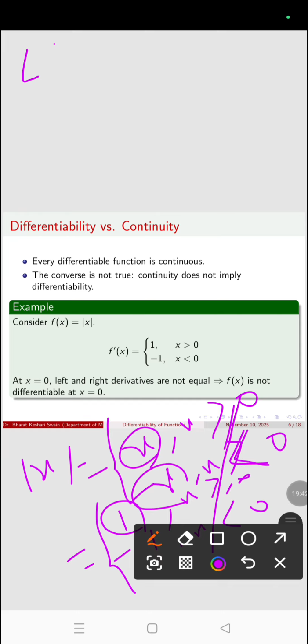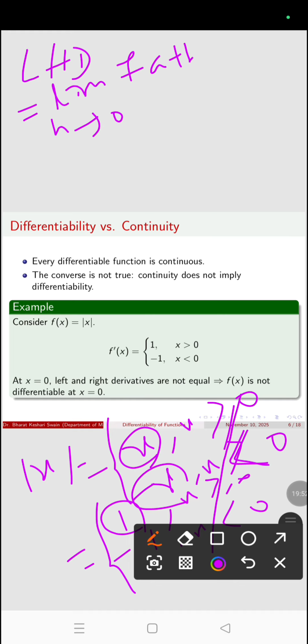What is our formula? RHD means limit h tends to 0, f of a plus h minus f of a, divided by h. This is our RHD, right hand derivative.